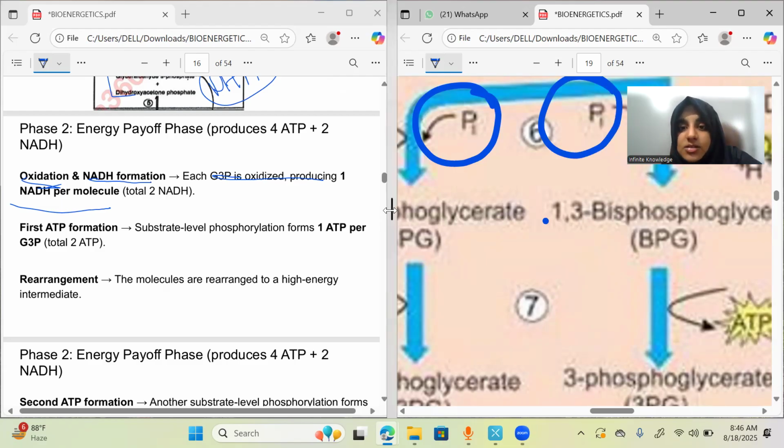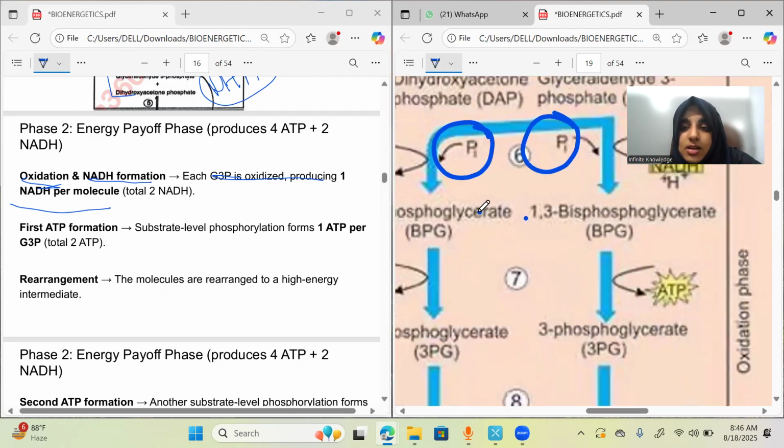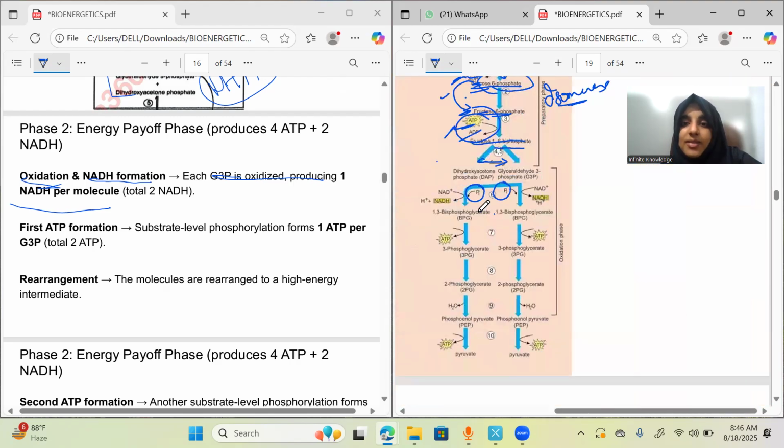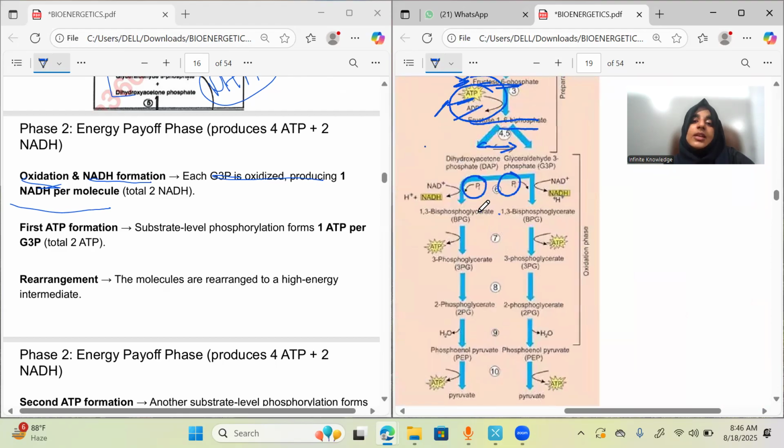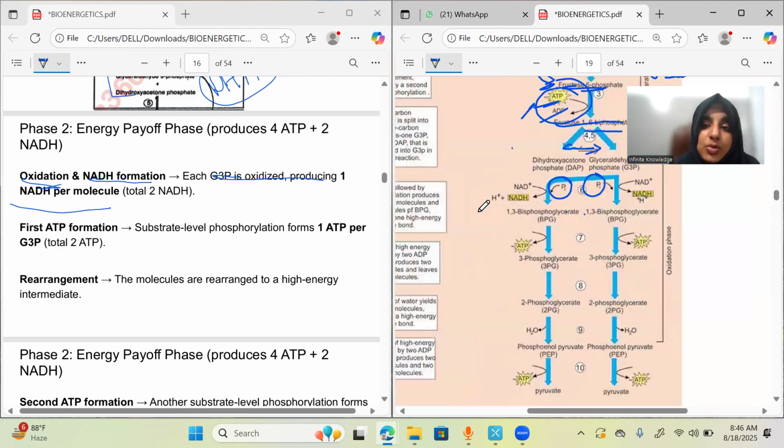I just lost my cursor. Okay. So it is being converted into BPG. Why? Because it adds one phosphate. And in the process, it produces one NADH.